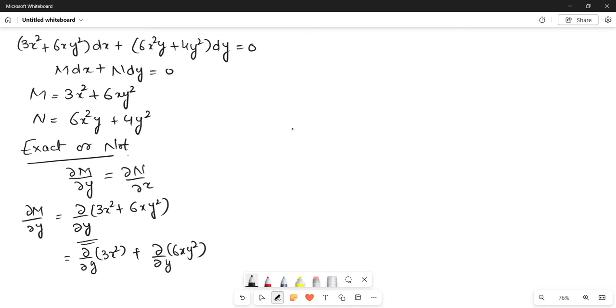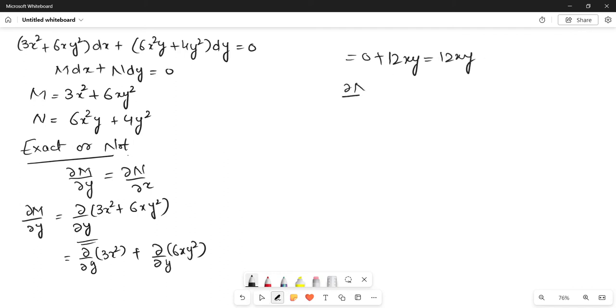In this case, the first term gives 0 and the next one gives 12xy. So you will get 12xy.